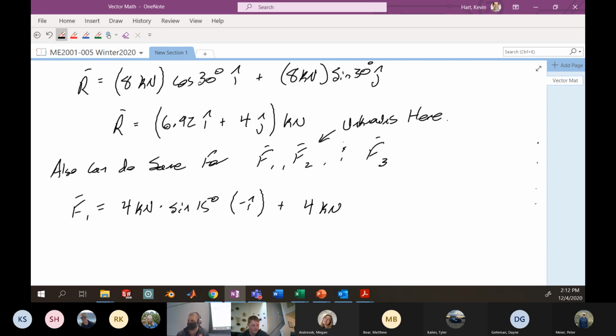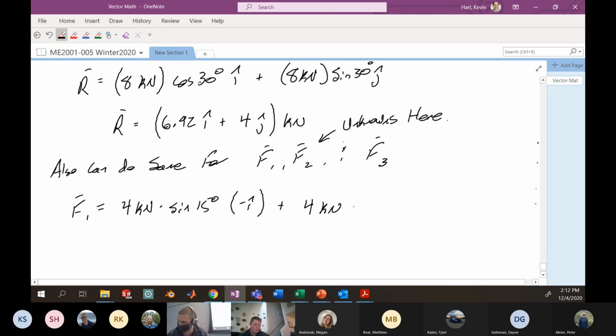Instead of writing sine 15 with negative I, you could switch this for cosine 105 I hat, and you get the same thing. Either way works perfectly fine. I think it's just a little easier to resolve the triangle with the 15 degrees. If you prefer to use the 105 degrees, that's fine. You'll get the same answer.